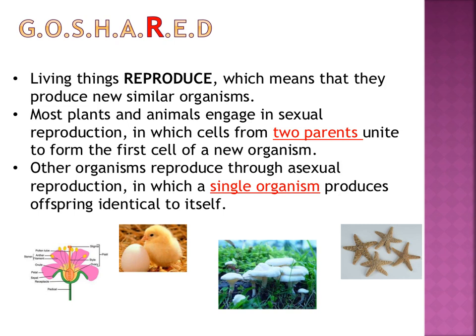So when we think about asexual reproduction, we will be looking at 2 specific types of cells, eukaryotes and prokaryotes. Prokaryotes, such as bacteria, and some eukaryotes, such as protists and unicellular fungi, will reproduce asexually. And again, their offspring will be identical to the original parent cell, versus sexual reproduction, where they will be similar, but there will be some differences.